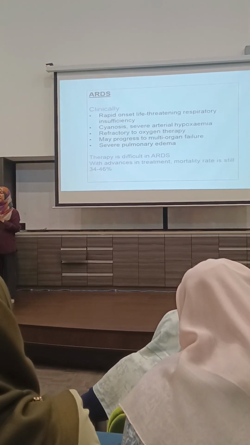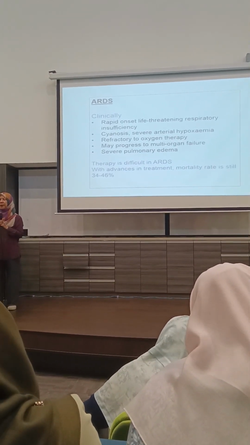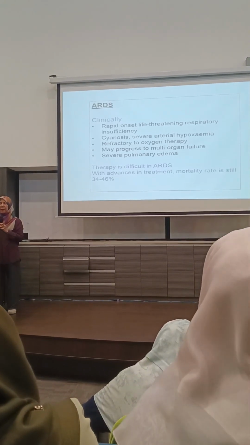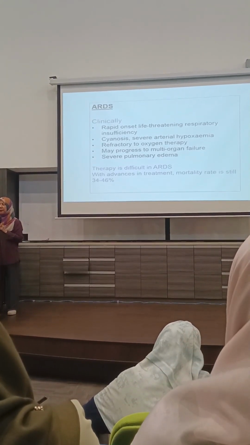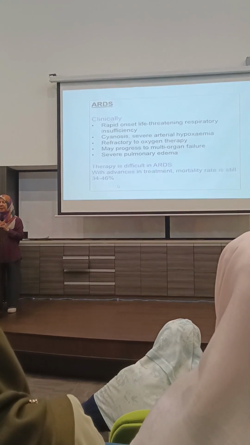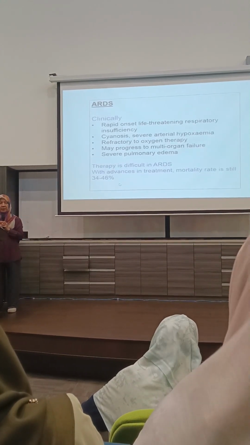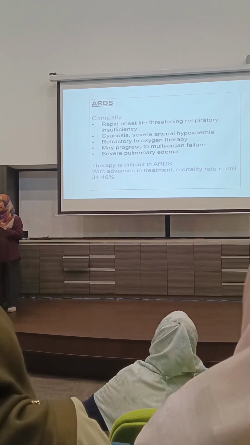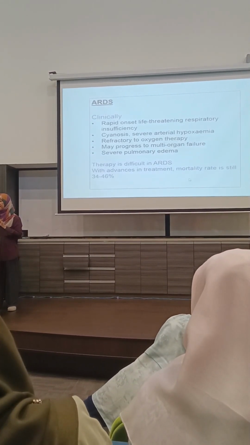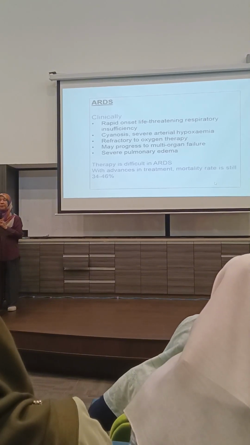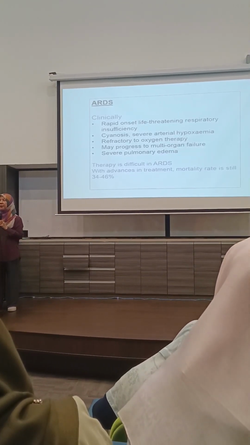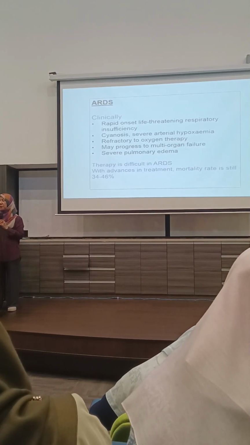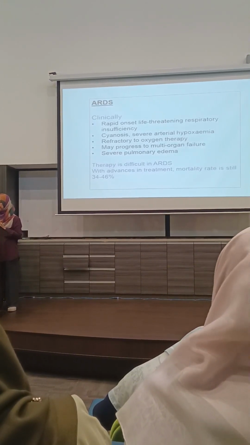Even so, the oxygen therapy can be refractory. They don't respond to oxygen therapy, and this is when 34 to 46% of ARDS will die. Okay? That's the mortality rate of ARDS. So that's why you see in COVID, there are deaths as a result of the ARDS.